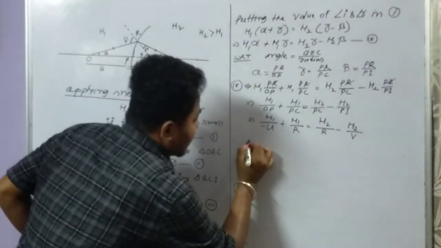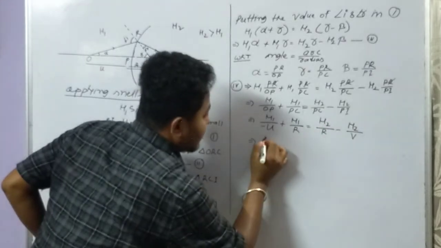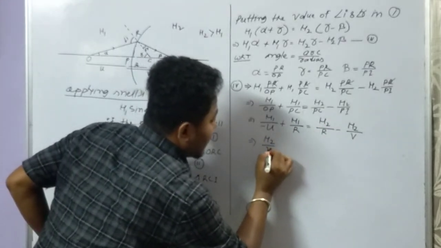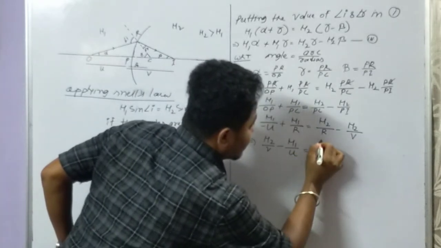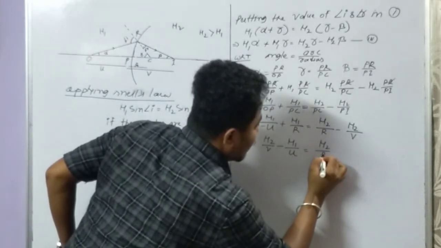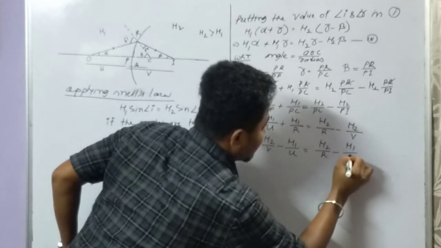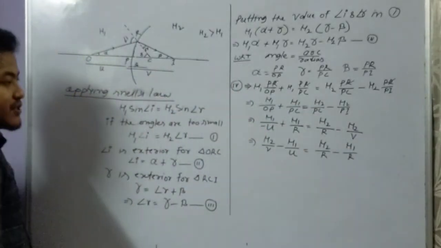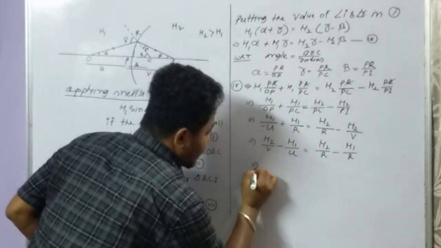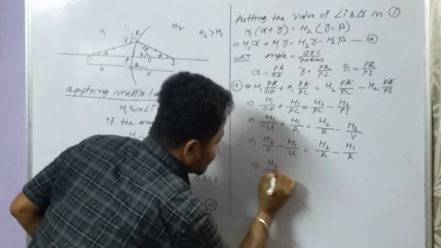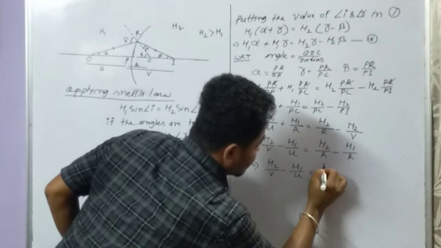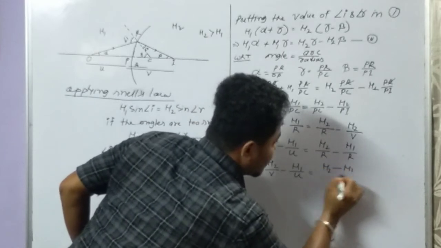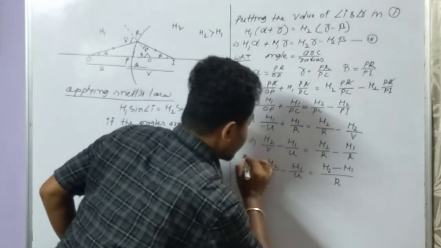Now if I arrange them, mu2 by v minus mu1 by u is equal to mu2 by R minus mu1 by R. So if I write them again, mu2 by v minus mu1 by u is equal to mu2 minus mu1 by R.